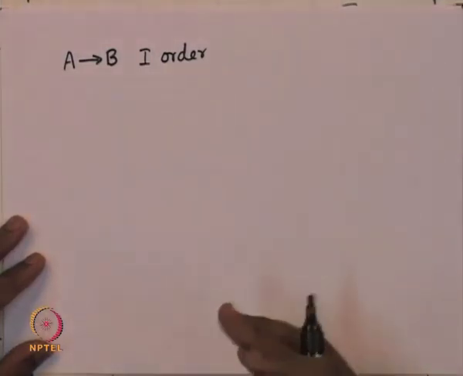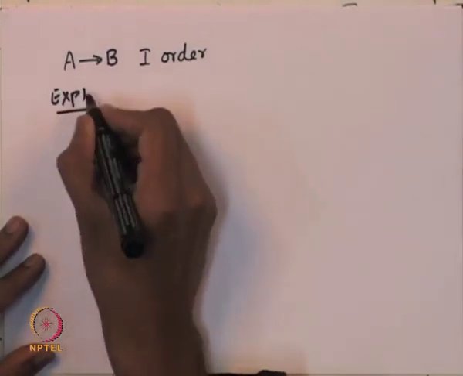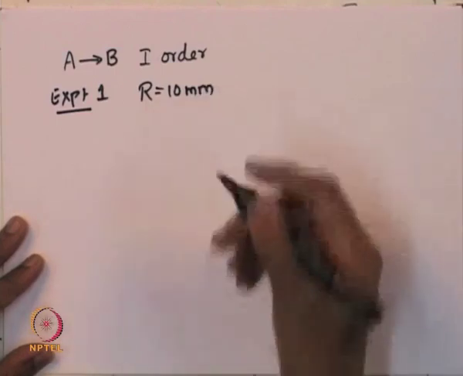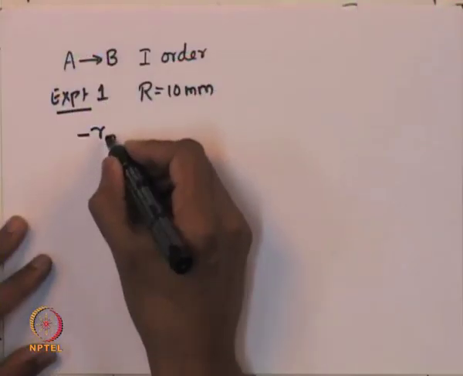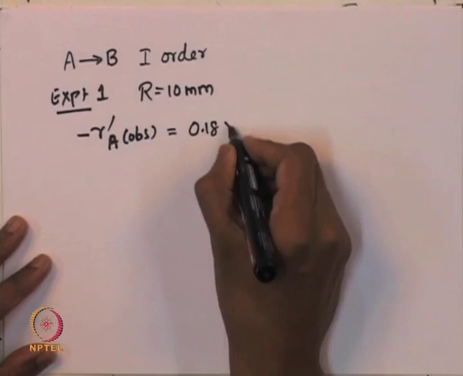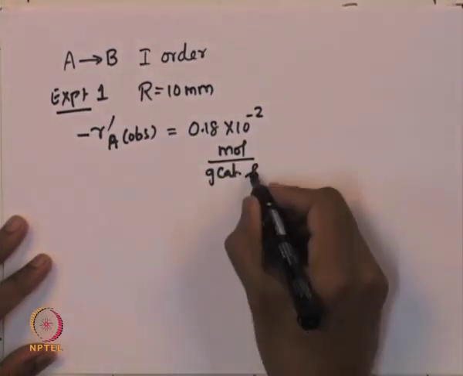Now, an experiment has been performed with different catalysts, and let us say that there is experiment 1, in which a catalyst of 10 millimeter diameter was used to conduct the heterogeneous catalytic reaction, and let us assume that it was performed in an appropriate reactor such that there are no external mass transport limitations, which means that the concentration of the species at the surface is equal to the concentration in the bulk, and the reaction rate that was observed is about 0.18 into 10 power minus 2 moles per gram catalyst per minute.